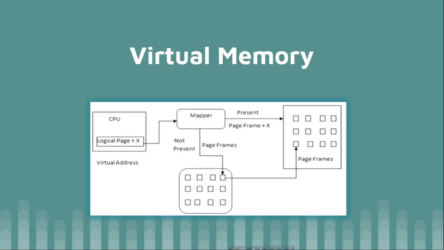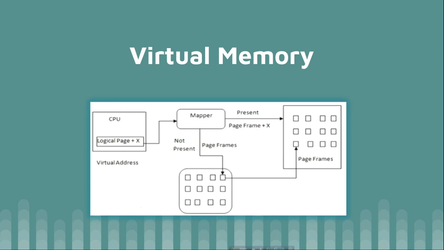So in this figure we can say that this is CPU, this is main memory, this is secondary storage, and this is memory mapper. First the CPU generates a logical address consisting of a logical page number plus the location within that page, X. This is generated by the CPU, or virtual address, or we can say logical address.